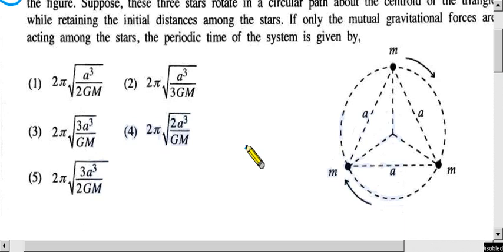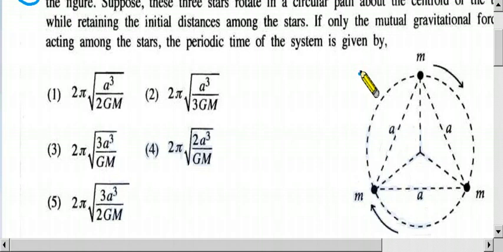Now let us try to solve this problem. So we know the gravitational force is acting like this in between these two stars towards each other.